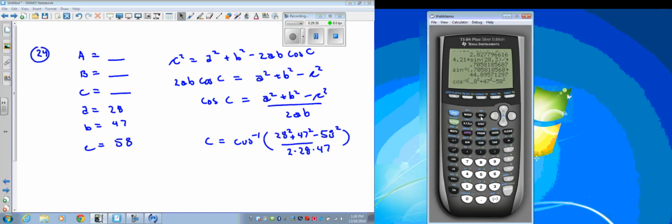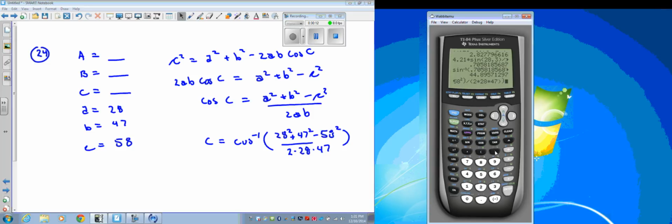Otherwise it'll just divide that 58 squared by the next. Bracket, then divide, and then bracket 2 times 28 times 47.